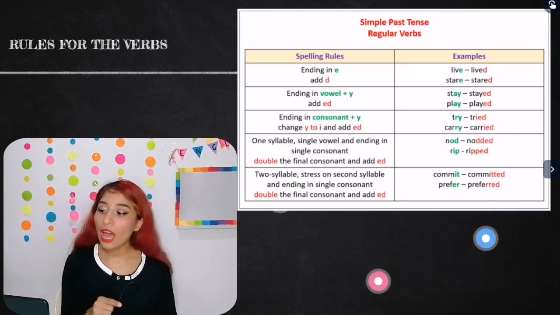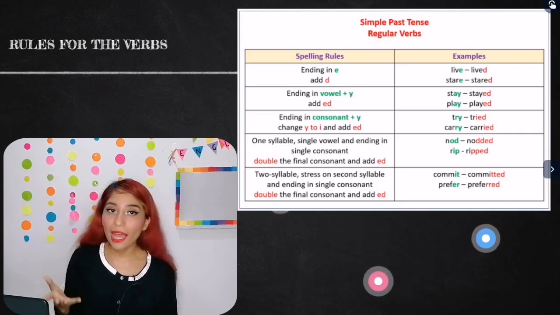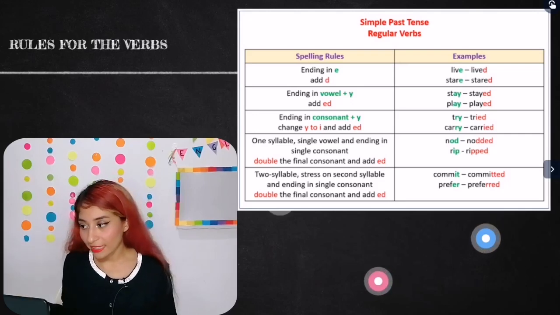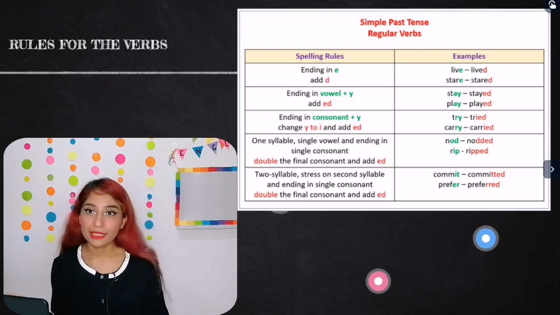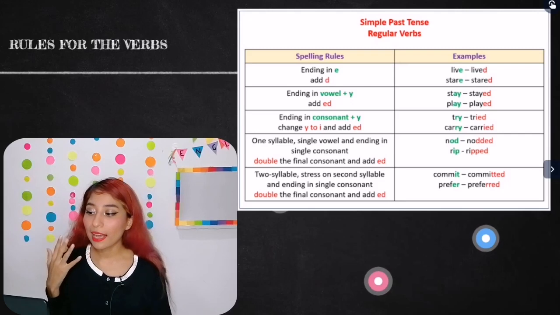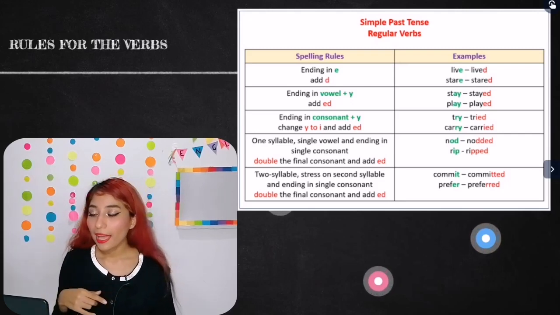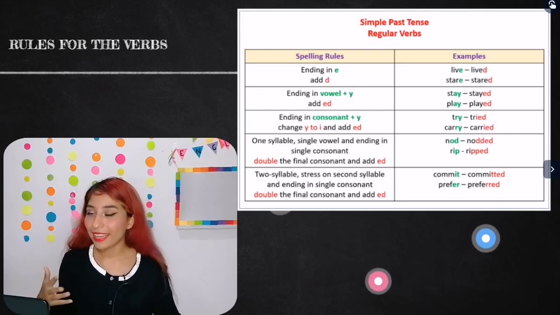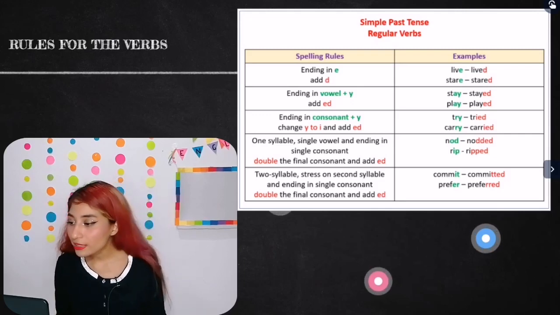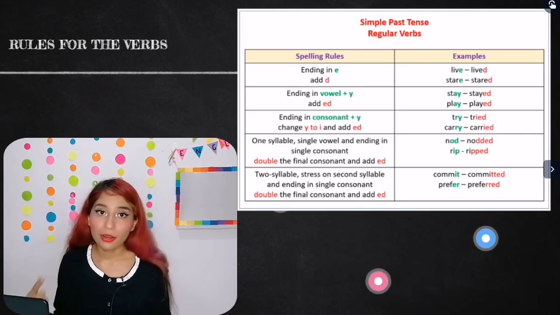When you have a verb ending in vowel plus Y, you add ed. Stay, stayed. Play, played, like in the previous exercise. And when you have a verb that ends in consonant plus Y, you change the Y to an I, and you add ed. For example, try, tried. Carry, carried.